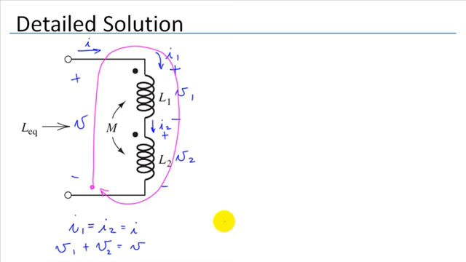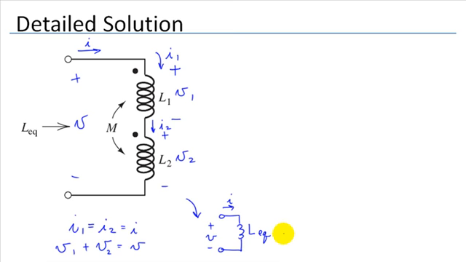V1 plus V2 equals V. Now this entire situation we are trying to say can be expressed as a single equivalent inductance L sub EQ. This voltage then is the sum of those individual voltages V1 and V2.